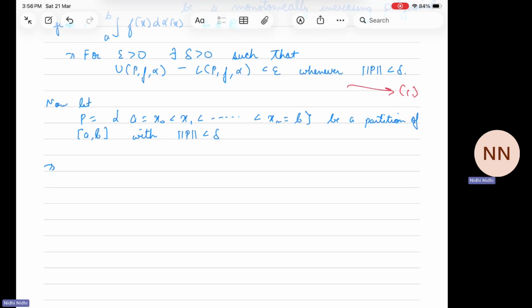That means UPF minus LPF is less than epsilon. So let's see how our UPF minus LPF looks like. This is equal to the summation i from 1 to n of Mi minus small mi times xi minus xi minus 1. Now we will use the continuity and differentiability of the function alpha and hence use the mean value theorem. Let's see how.